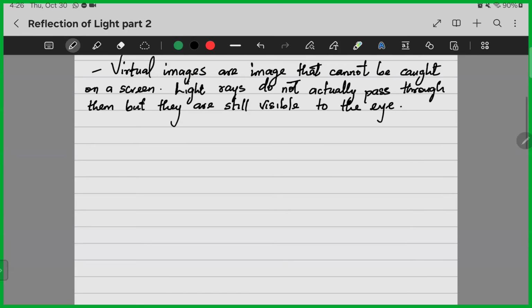And we made a point about lateral inversion in the last class, but I don't think I gave a clear definition of it.